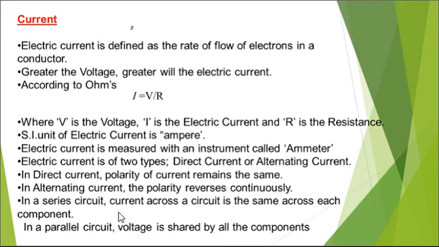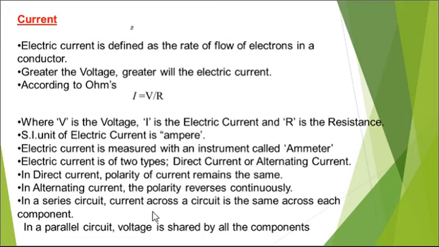In a series circuit the current is the same across each component. Let us take an electrical circuit which consists of three components; then the current along any component is the same.